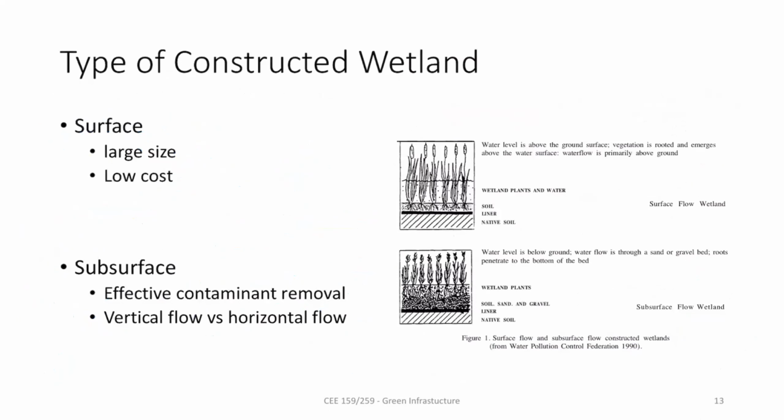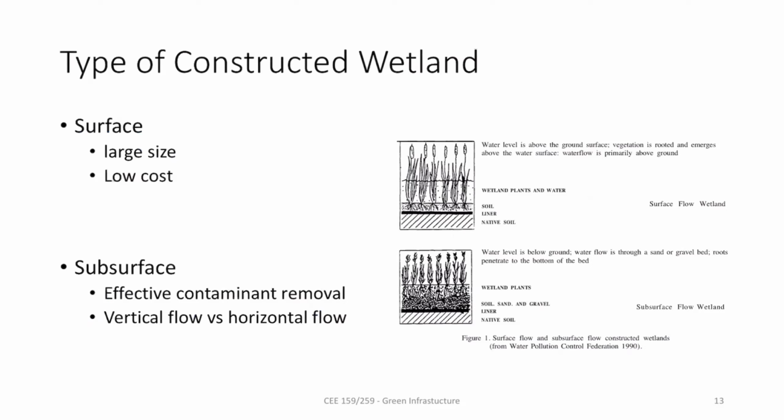All right. So as I said, these are the different designs, and people started thinking of how we can create wetlands in different places where it doesn't require large space. That's why people started thinking of surface versus subsurface wetlands. The difference is whether water is moving above the ground or below the ground.